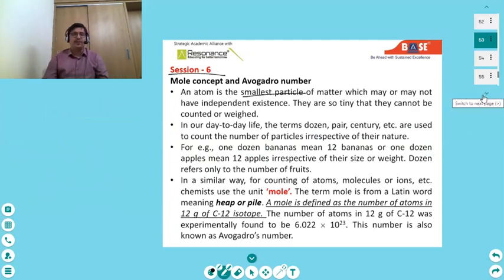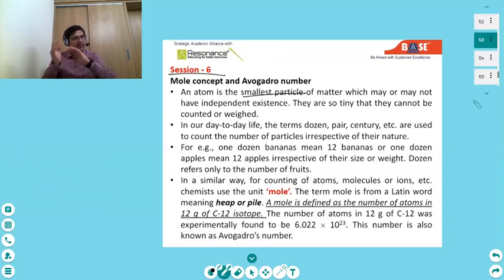So initially, when Mr. Avogadro gave this concept, the scientists at that point of time were not ready to accept it. But later, after 10-15 years, they agreed that Mr. Avogadro was right. And since then, Avogadro number is there for us. So just remember, mole is just a number which represents small substances, nothing else.